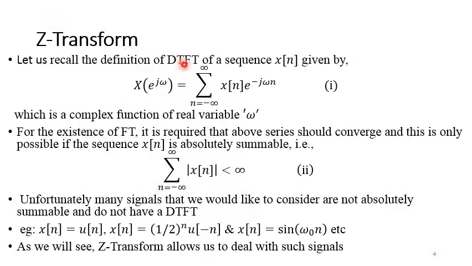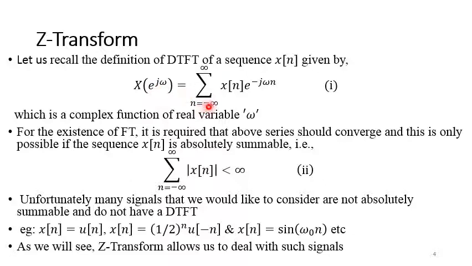The definition of the discrete time Fourier transform of a sequence is given by X of e^(jω). You are well familiar with this notation, that e^(jω) is basically the Fourier transform for discrete time signals or the response of the system.